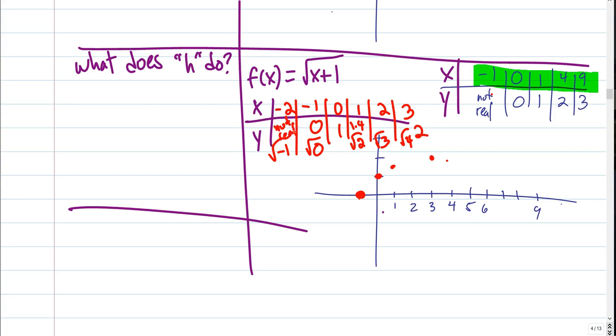So what happened here was this graph did not get shifted up or down. This graph actually looks just like the parent, but instead of starting at 0, these were the parent graph points: 0, 0, 1, 1, there was the 1.4, and then 4 gave me the 2.